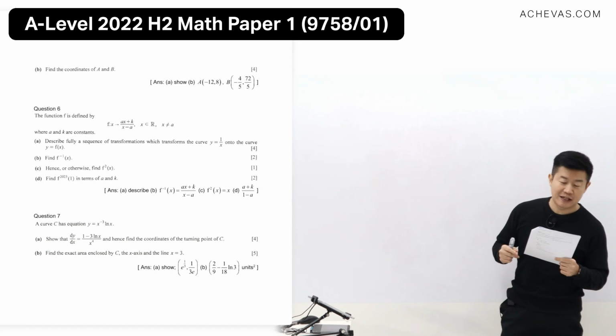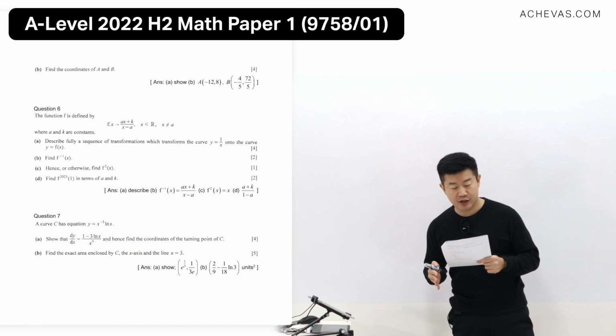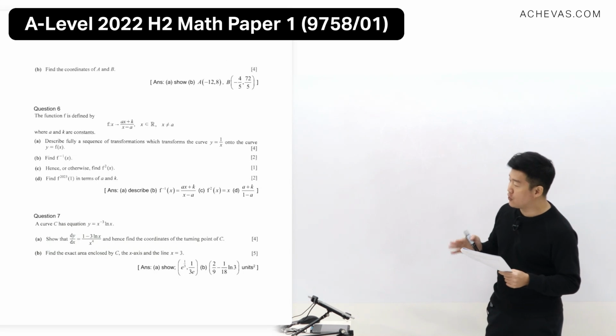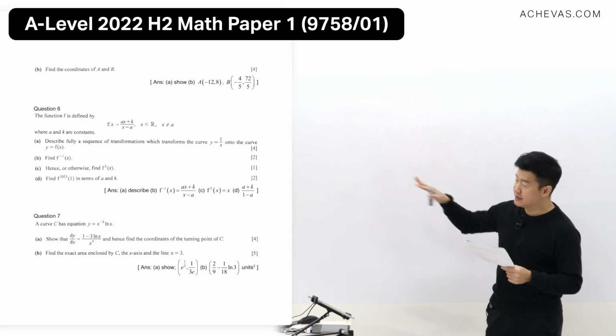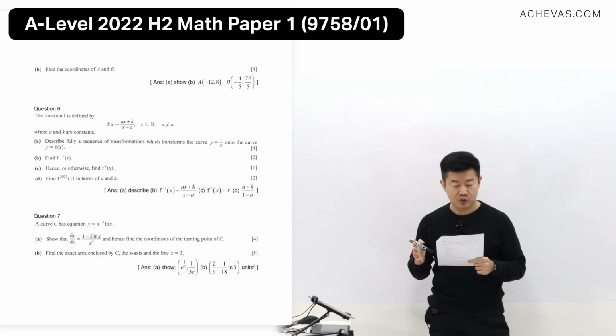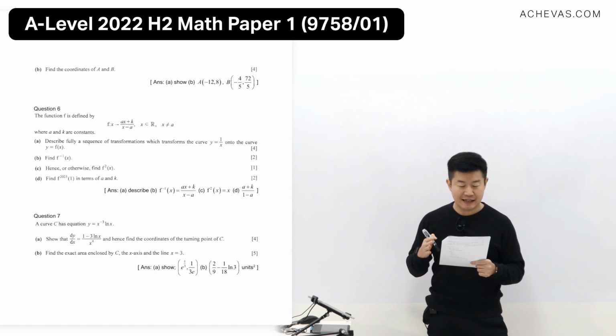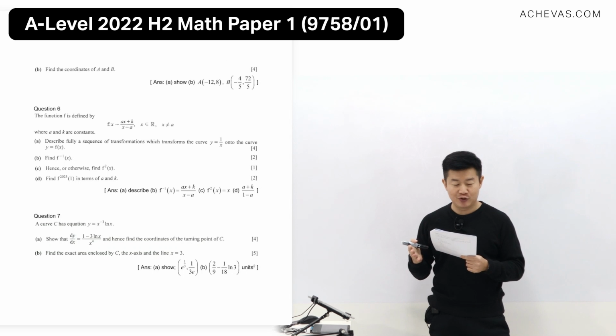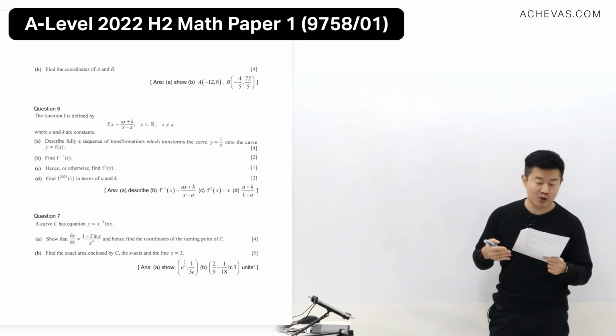Let's take a look at question number 6 together. It is a question that is going to be involving a sequence of transformations, so graphical transformation, and also in parts B, C, and D, it is actually changed into a functions question.